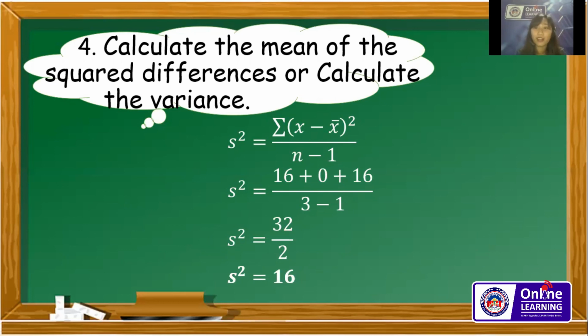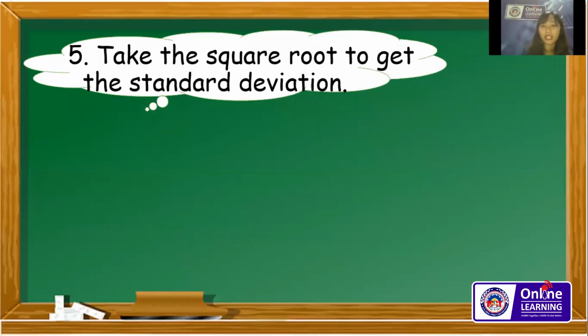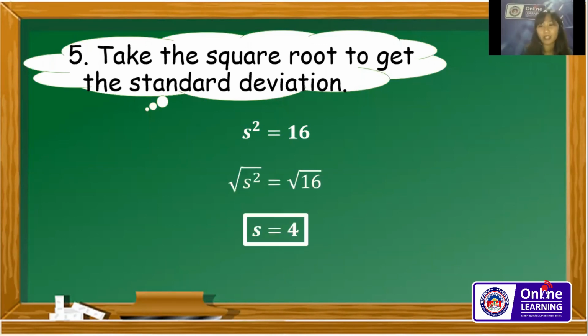Once we get the variance, it's easier to get the standard deviation because we just take the square root of the variance. So since the variance is 16, just take the square root of 16, and the standard deviation is 4. So the square root of 16 is equal to 4, and that is the standard deviation.